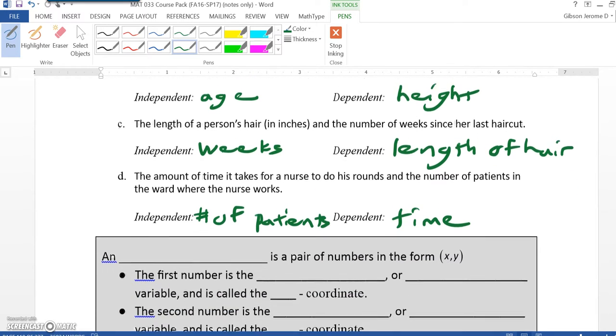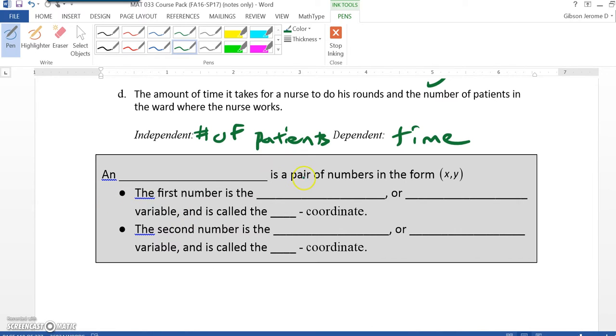Now, it says, a pair of numbers in the form of X, Y. That is called an ordered pair. The first number is the independent, or explanatory variable, and it's called the X coordinate.